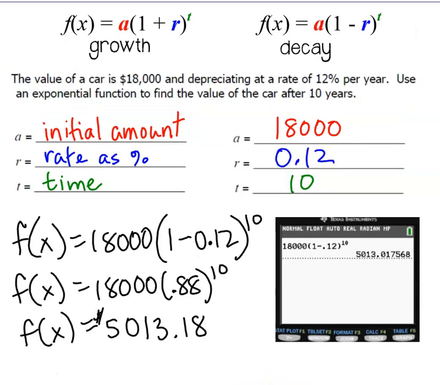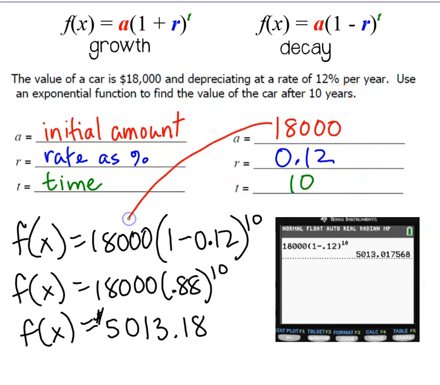All right, let's take a look at a new question. The value of a car is $18,000 and it depreciates. So that means this time we're going to use the decay formula. It depreciates at 12%. Notice that I converted that percent number to a decimal number and that it's going to depreciate for 10 years.